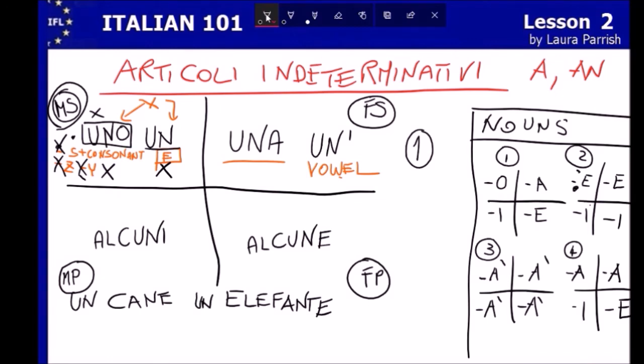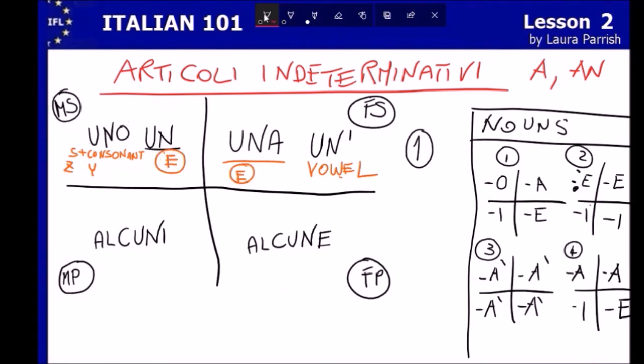Is the right article. So let's go with amica. Amica means girlfriend. Friend, feminine, girlfriend. Okay, so ending in A, we know we have to go here, where there is feminine singular. So let's start with this one.